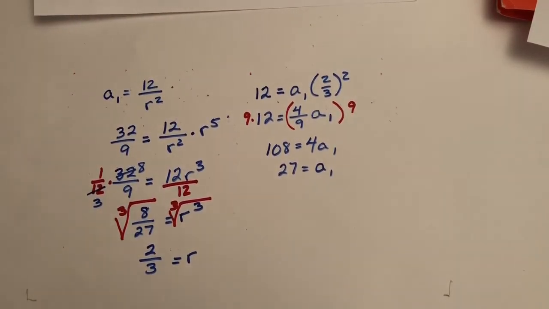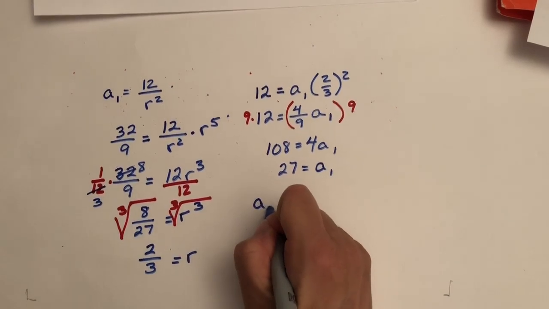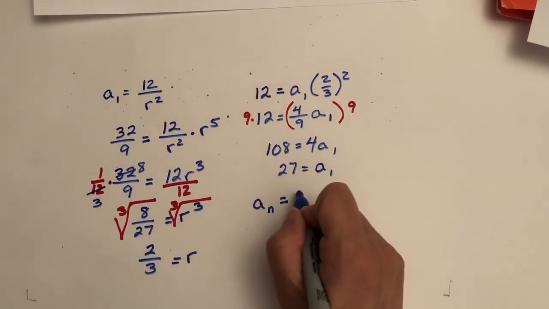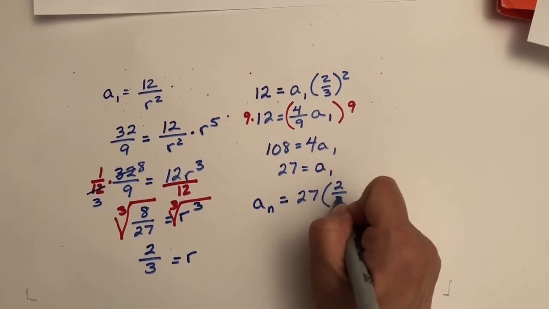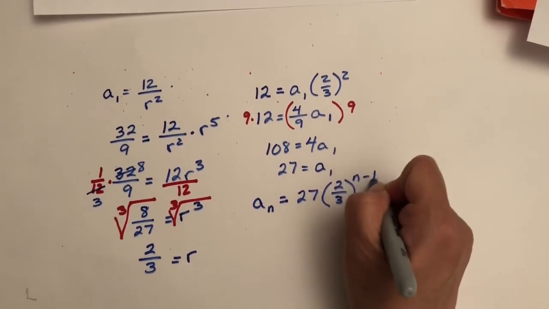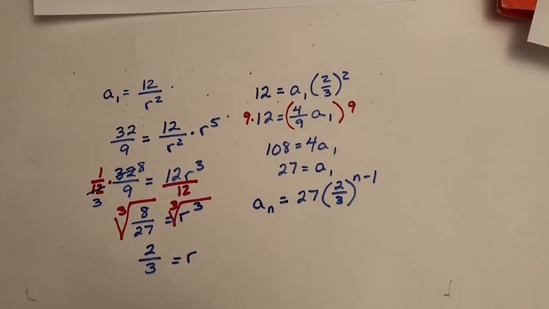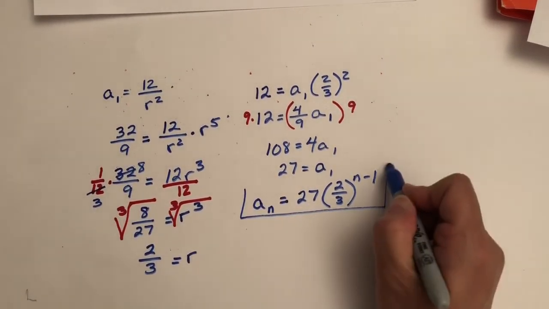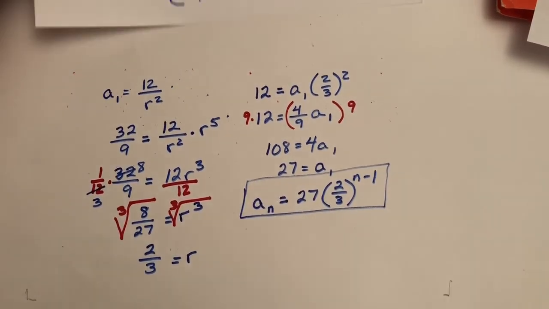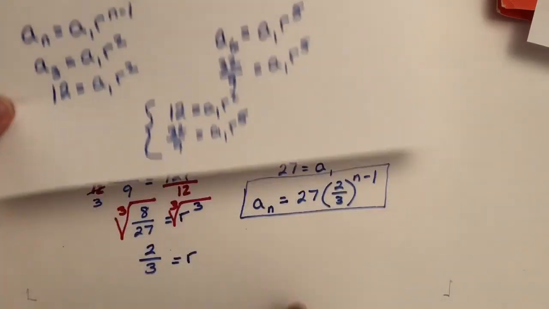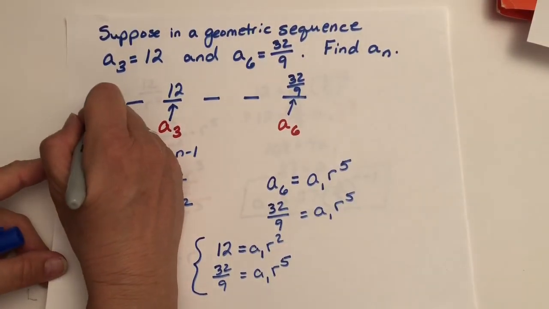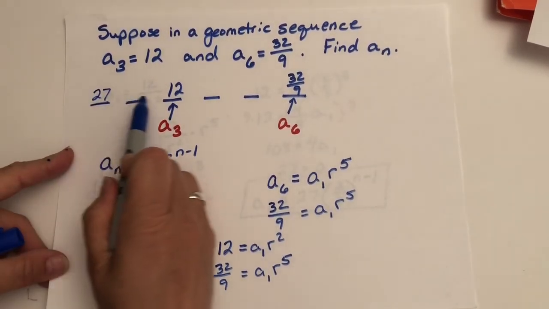So our formula for the nth term is 27 times 2/3 to the n minus 1 power. So you could use this formula to find any term in this sequence that we would like. And notice, we know the first term is 27. I didn't even fill that in, but we know that now. And you could find any term you would like using this formula.